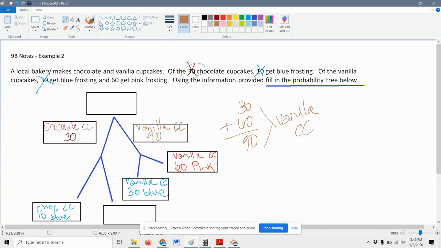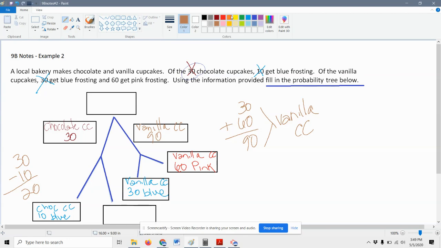We have 90 vanilla cupcakes, okay? What about this box here? Well, here's one of those problems where we have a total, and we need something that makes up that total. Here's where we do that subtraction. When we're given a total and we're missing something that makes up that total, we subtract what we have, and that's going to give us what we don't have.